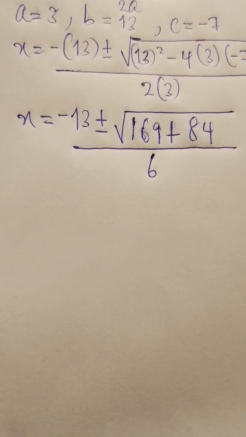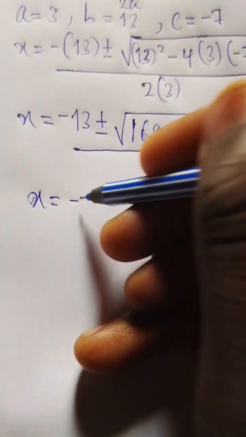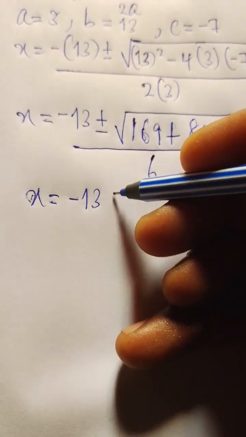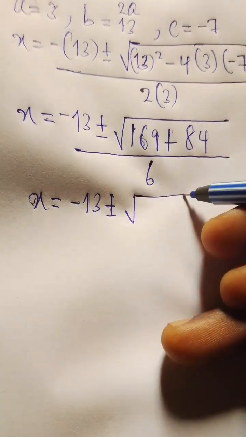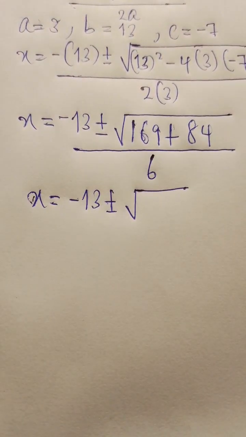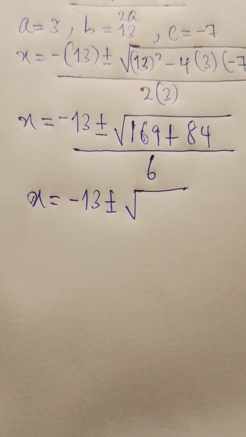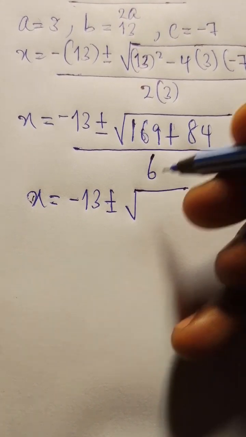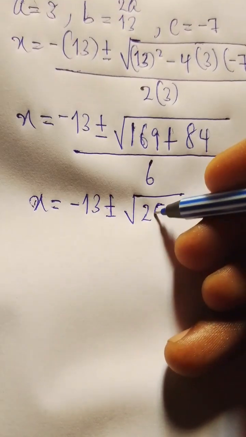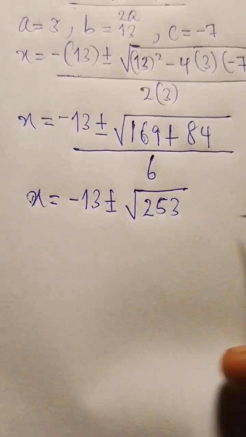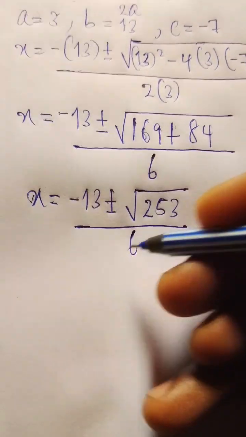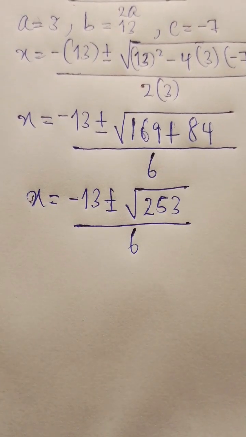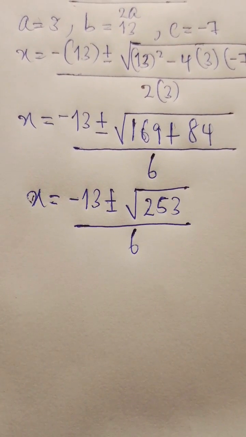The next thing we're going to do, we're going to say x is equal to negative 13 plus or minus the square root of 169 plus 84. So that is giving 253, then over 6. At this stage now, we're going to split.